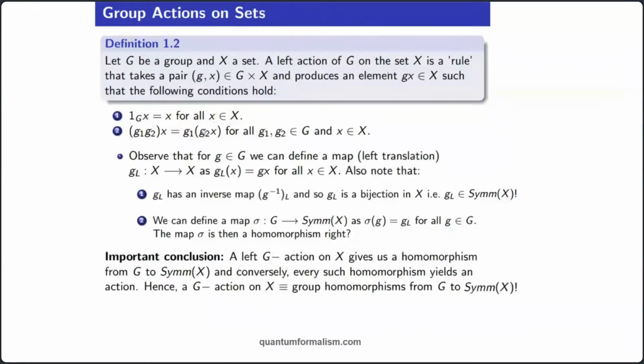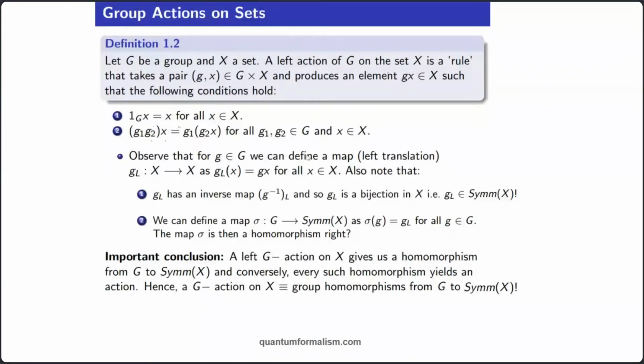You apply an action here, and then you apply the other action. Obviously, the action of g2 on x will give you an element of X, and then you will act g1 on the result of the action of g2 on x. Okay, so it should satisfy this.